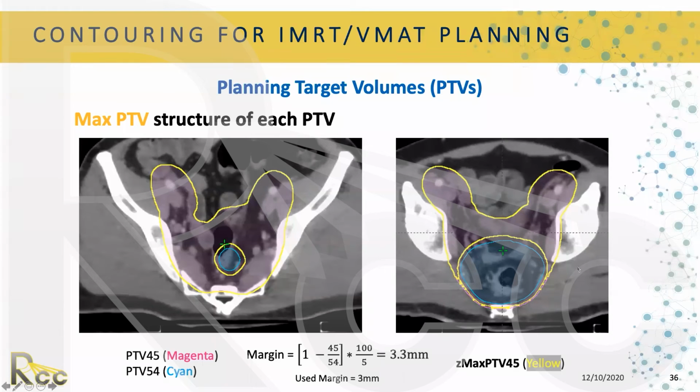That will help the algorithm, because here I want 54 gray and here I want 45. So you're giving a little buffer and helping the algorithm with the maximum doses, especially on the lower dose, because you know that just because you want to cover 54, the maximum dose in this region is going to be higher. So you don't want to confuse the algorithm when you give the objectives to the lower PTV.